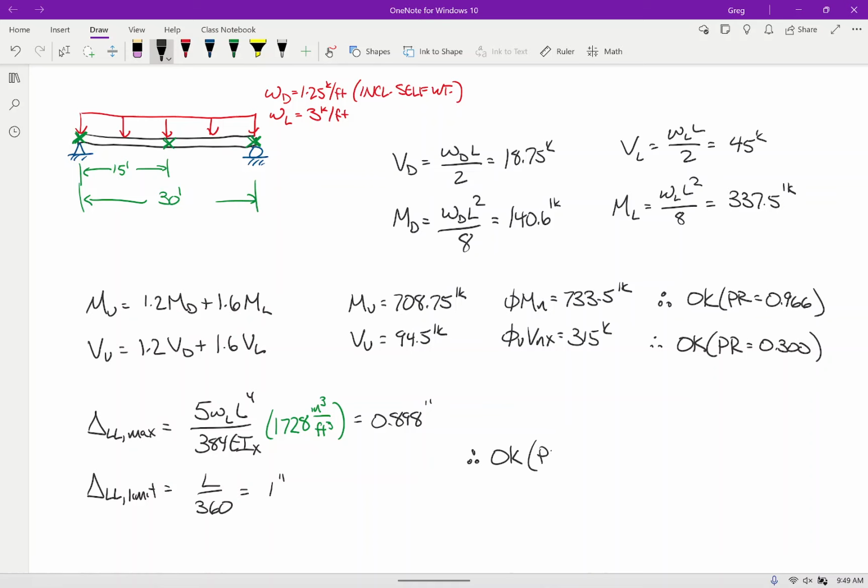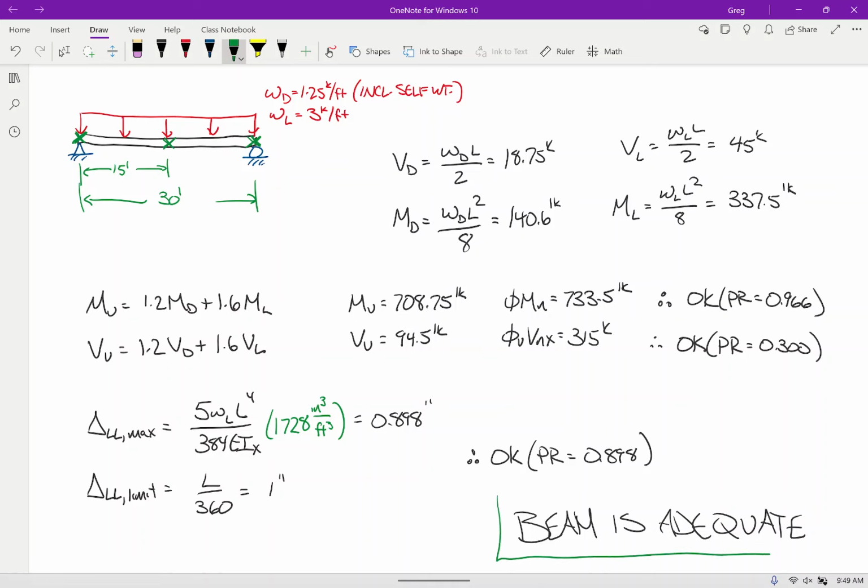And that performance ratio is really easy to compute. Pretty straightforward.